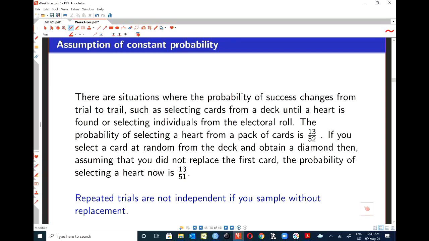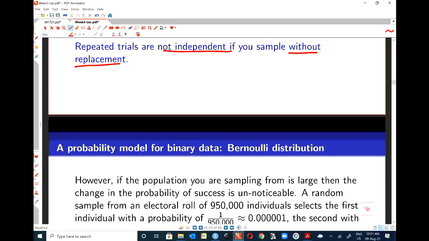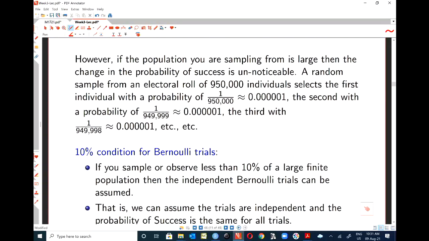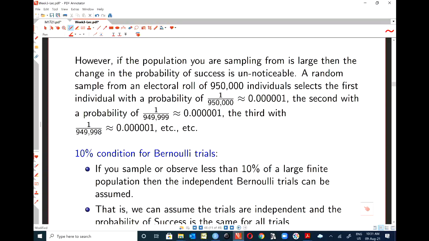Now the idea is that if you have repeated trials without replacement, then in fact they're not independent. But you can treat them as independent if your population is large enough. And so the idea is if you're actually sampling only 10% or less of a large finite population, then the Bernoulli trials model can be assumed, your trials can be taken as independent, and your probability of success can be taken as constant.